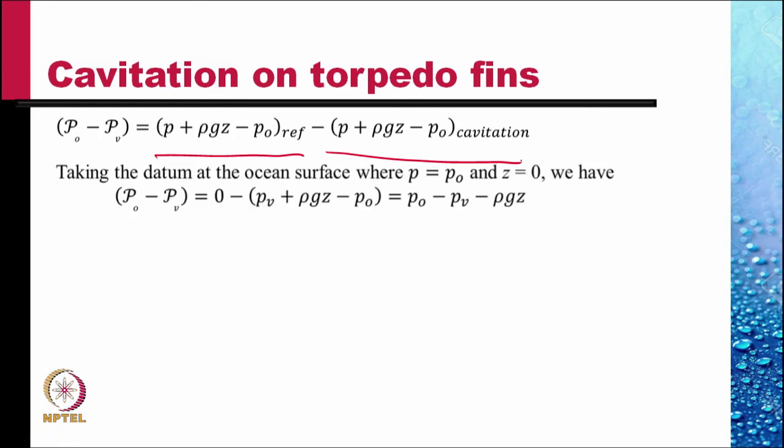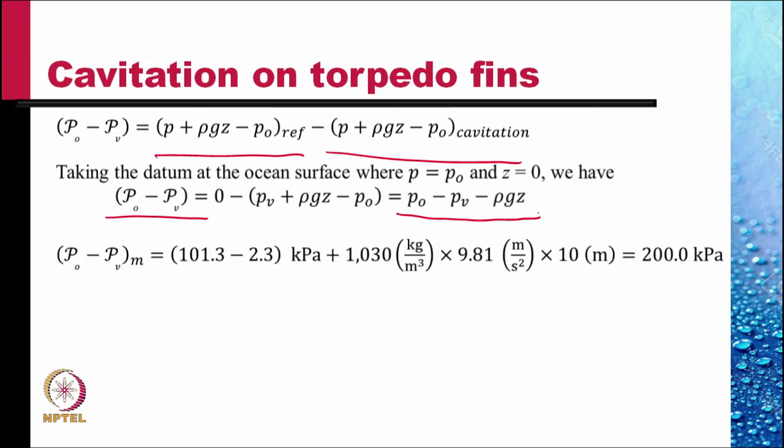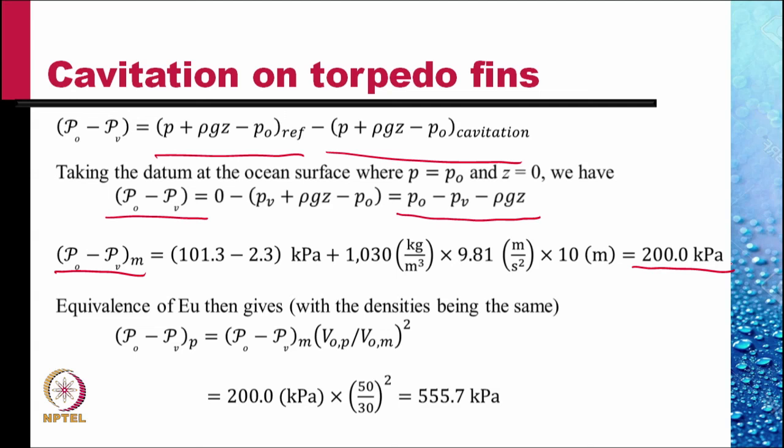Taking the datum at the ocean surface, P is equal to P naught and Z is equal to 0, we get this value is equal to P naught minus P V minus rho G z. So this for the model, we plug in the values and we get 200 kilopascal. Equivalence of Euler number then results in this expression as the modeling rule.